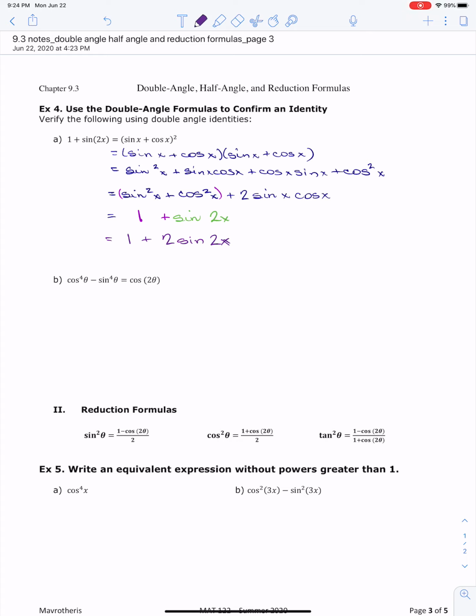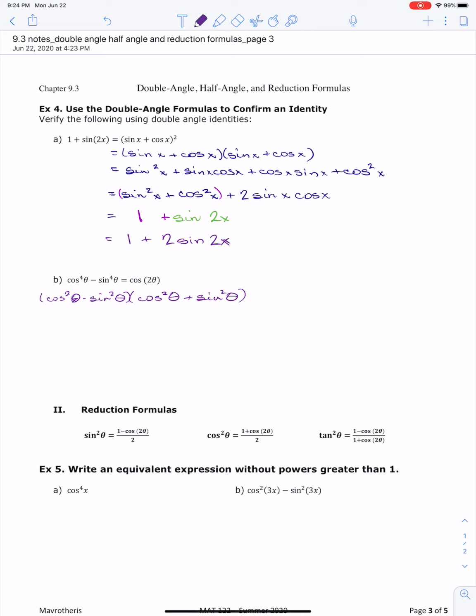So B. This time I'm going to start with the left-hand side because that is a difference of two squares. So I'm going to factor this as cosine squared theta minus sine squared theta times cosine squared theta plus sine squared theta.